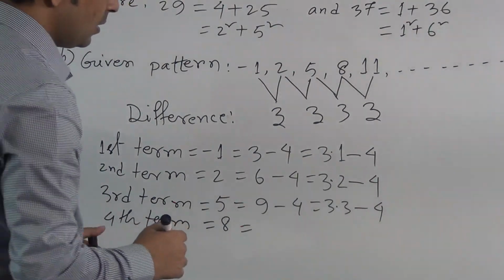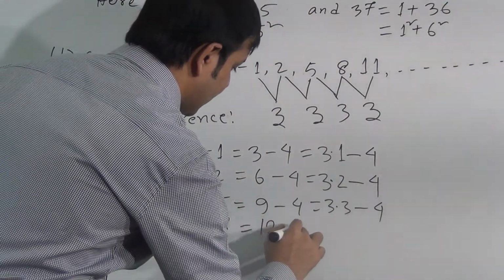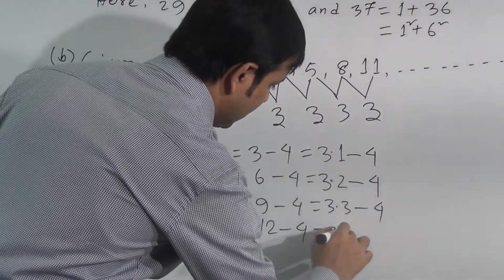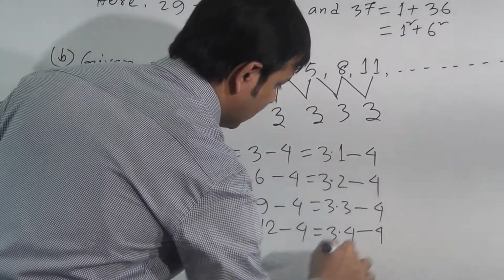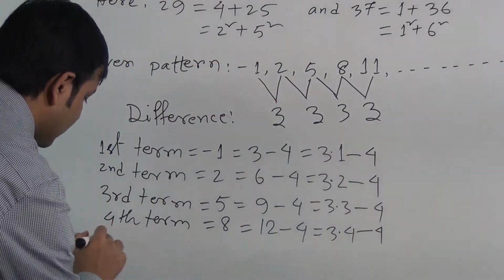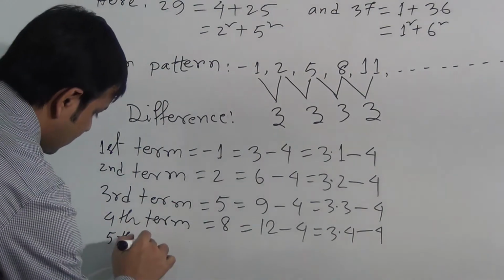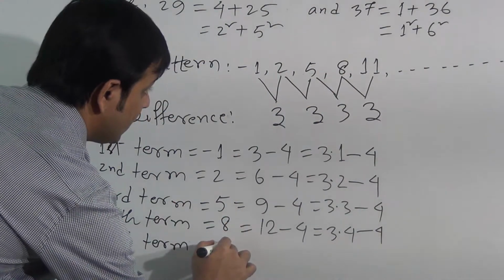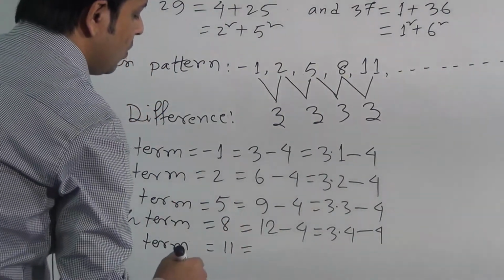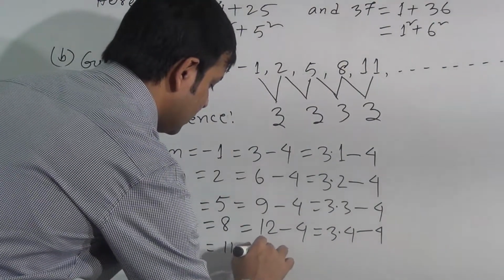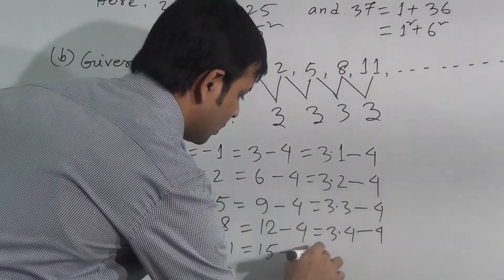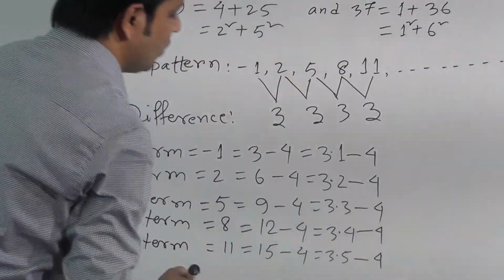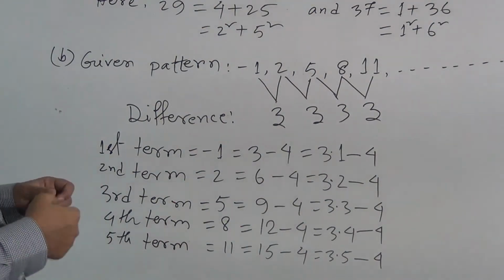How can we write it? 12 minus 4, that is 3 into 4 minus 4. The next one is the fifth term. This is 11. So we can write here 15 minus 4. 3 5s are 15 and then minus 4. So 11 here.